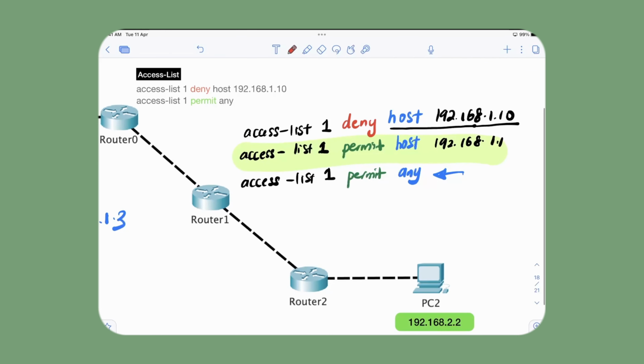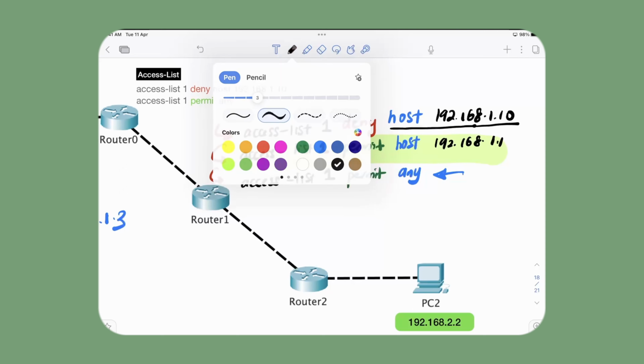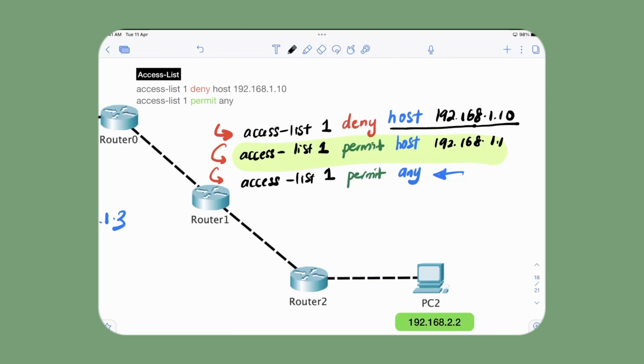Now, when the router reads what you design, it will read line by line, starting from the very top. So it will first read this line, and then this line, and then this line, depending on how many lines you have, of course. Now, that means that when we design ACL, we cannot add a new rule somewhere in between.